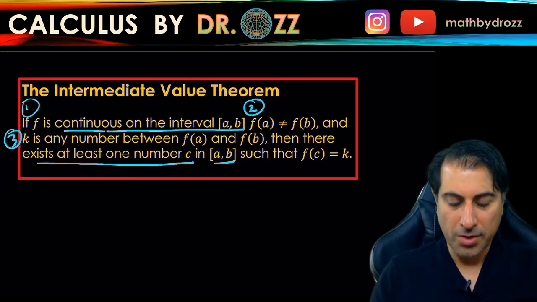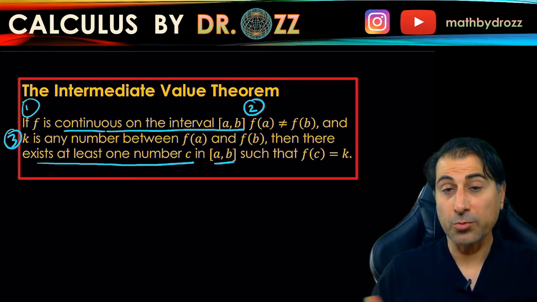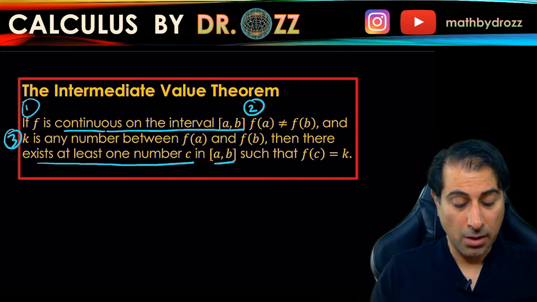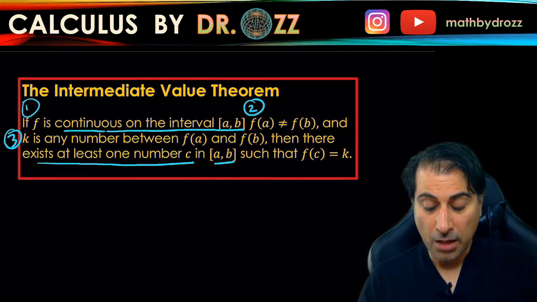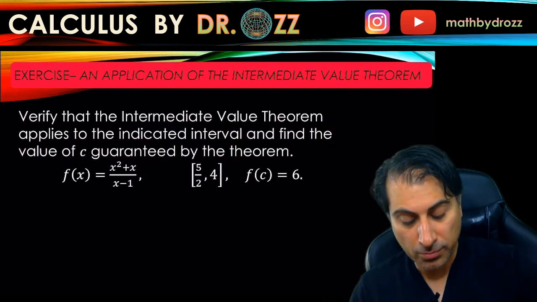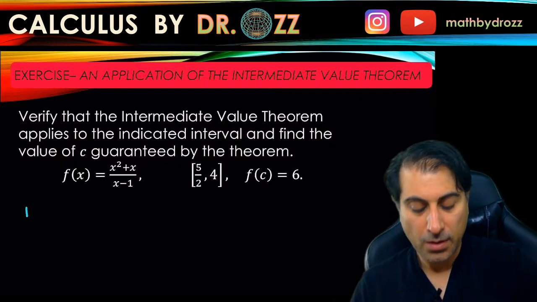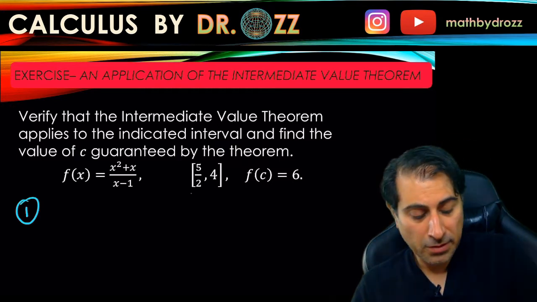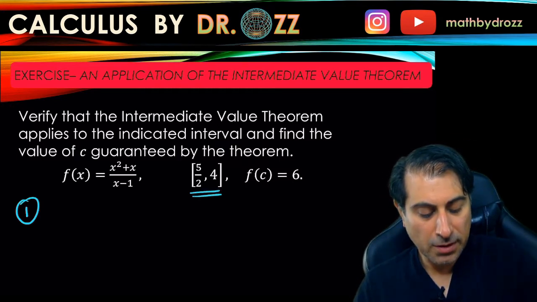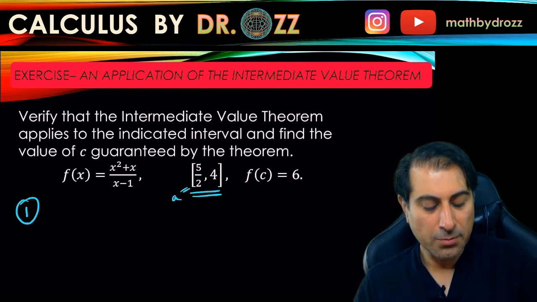So let's go ahead and check if we can apply the intermediate value theorem, in other words, if we have the conditions fulfilled for the given function. Condition number one: we want f to be continuous on the given closed interval. So here's our a and here's our b.